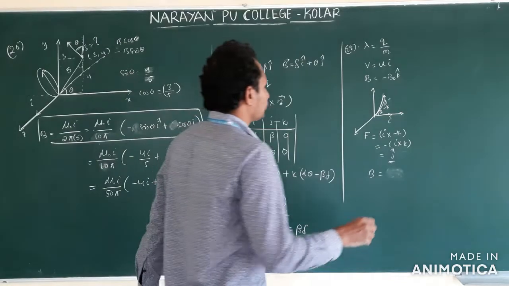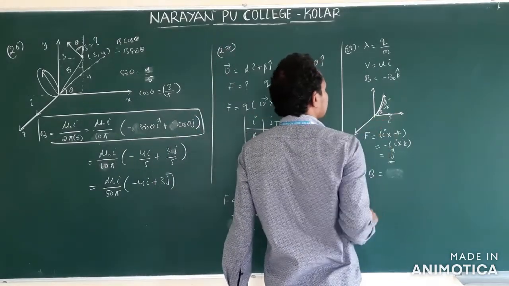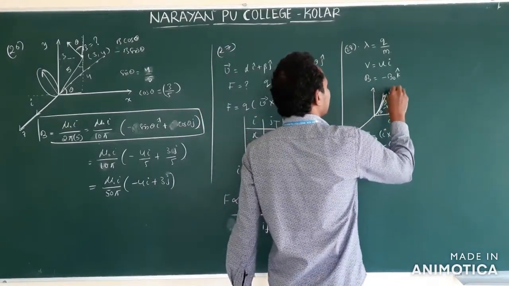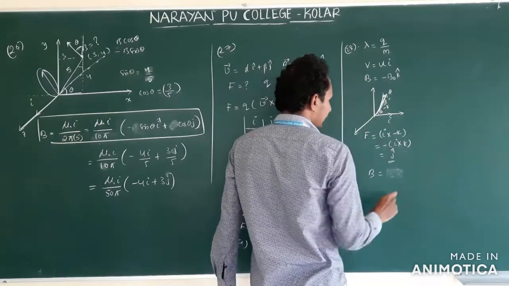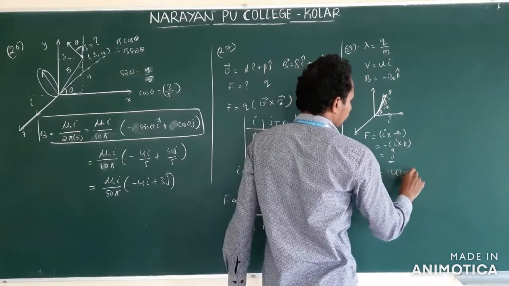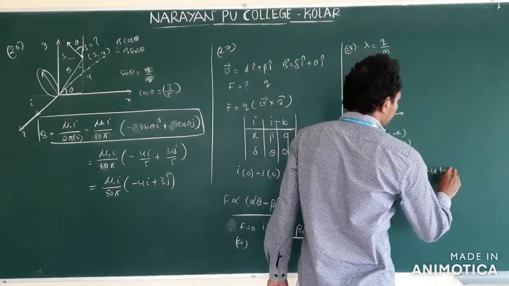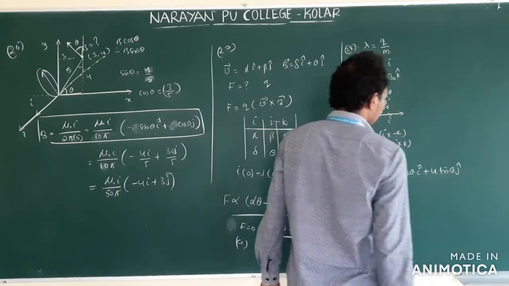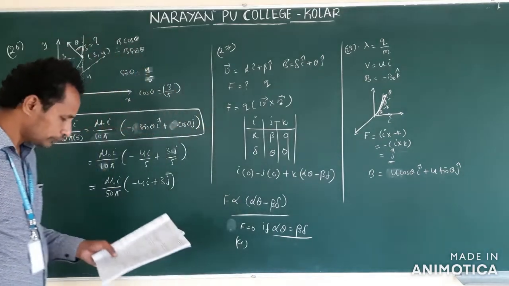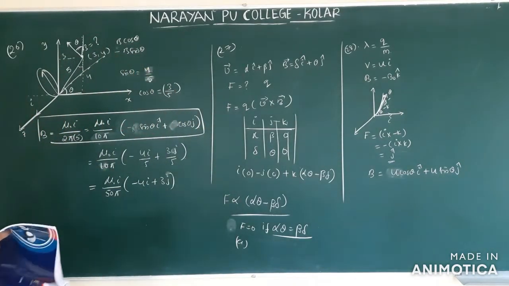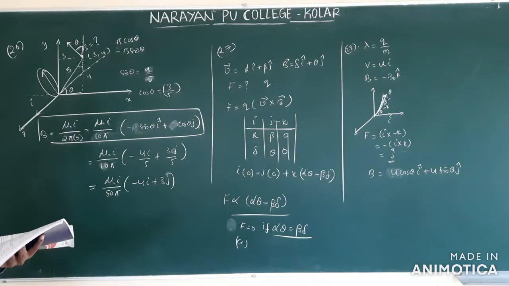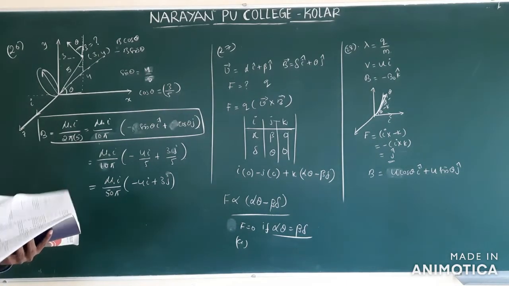Along the x direction we get u cos theta i cap plus u sin theta j cap. First we will check this option, then we will find whether theta is correct or not.